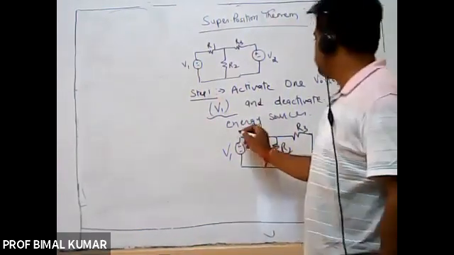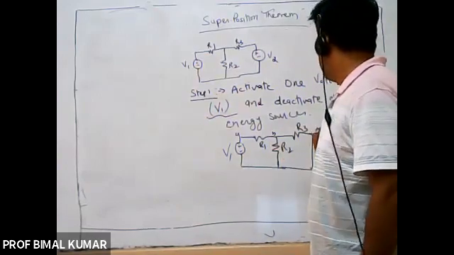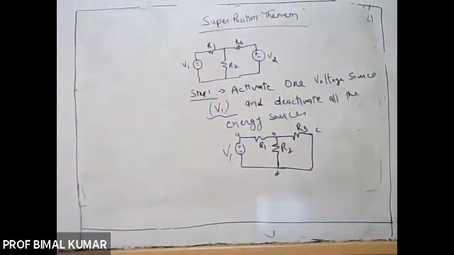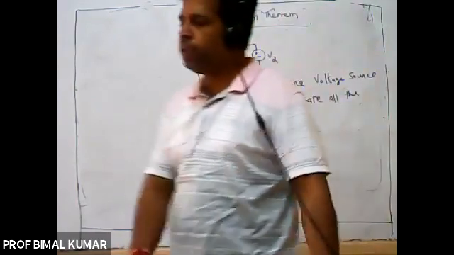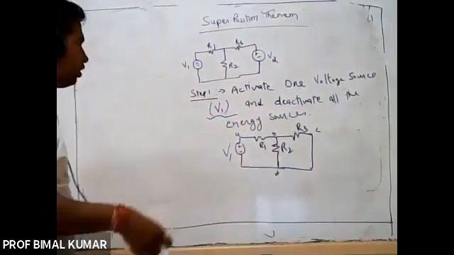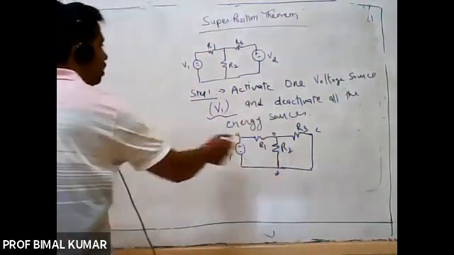So let us say these are your terminals A, B, C and D. Right? Now I want to calculate current in each branch. So first of all, you may apply KVL, KCL or simple Ohm's law to calculate current in each branch.